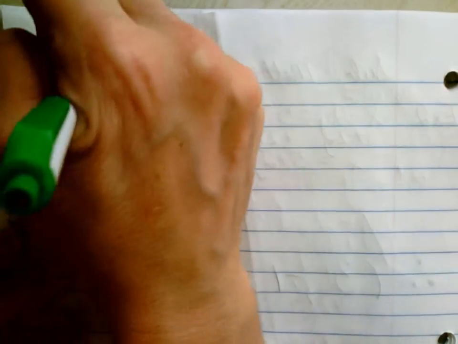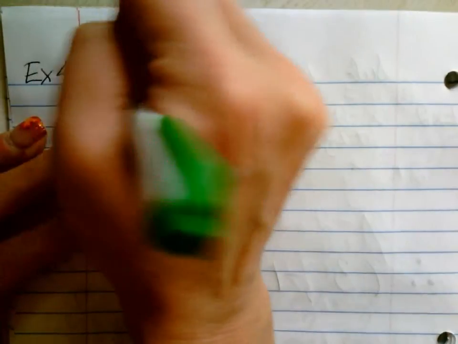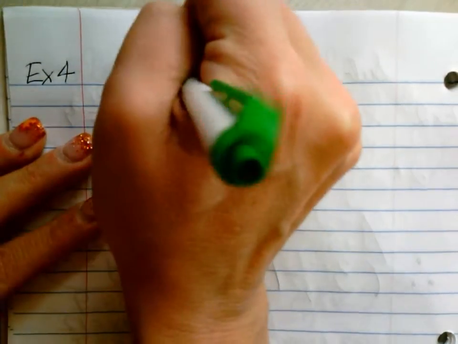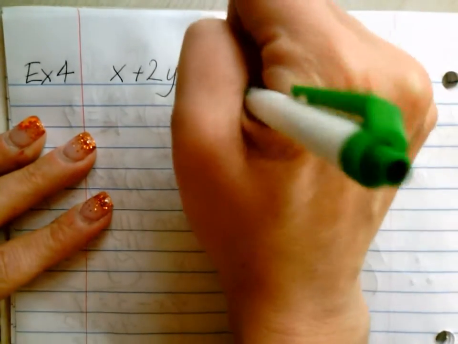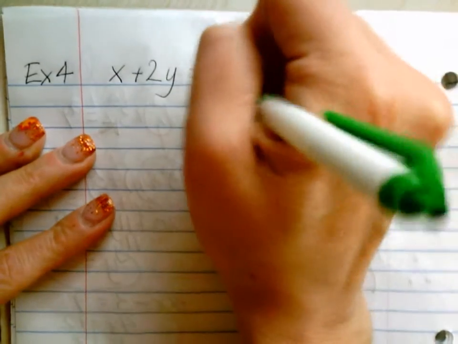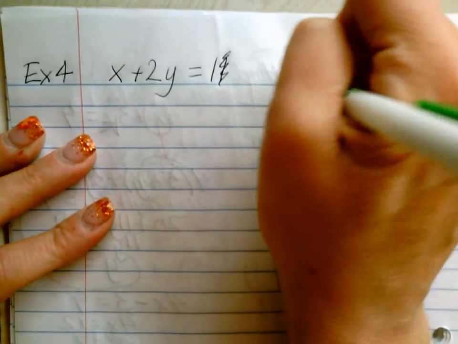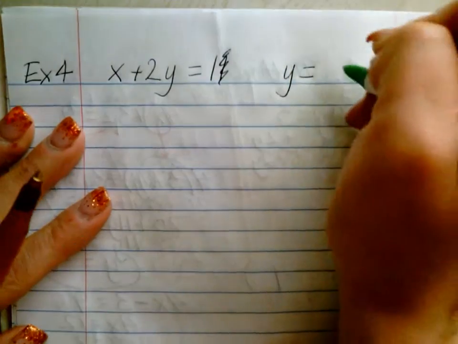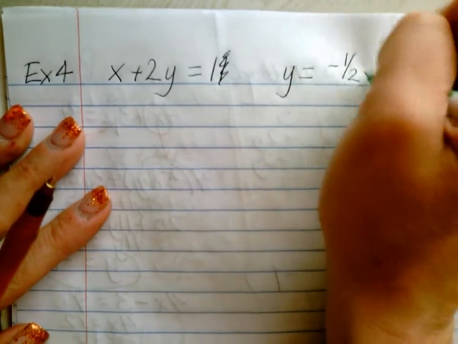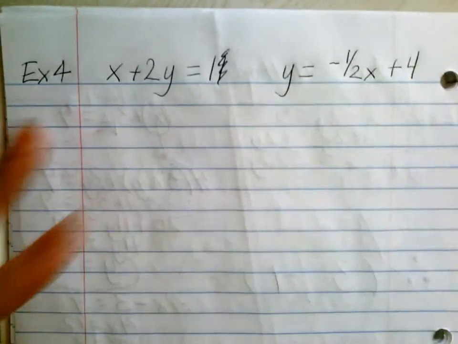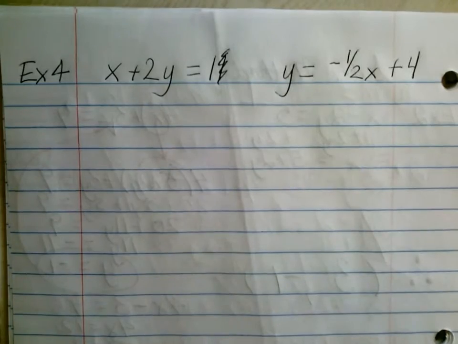Example 4. We've got x plus 2y equals 11, and that should be a 1, and y equals negative half x plus 4, negative 1 half x plus 4. Look at that, y equals.